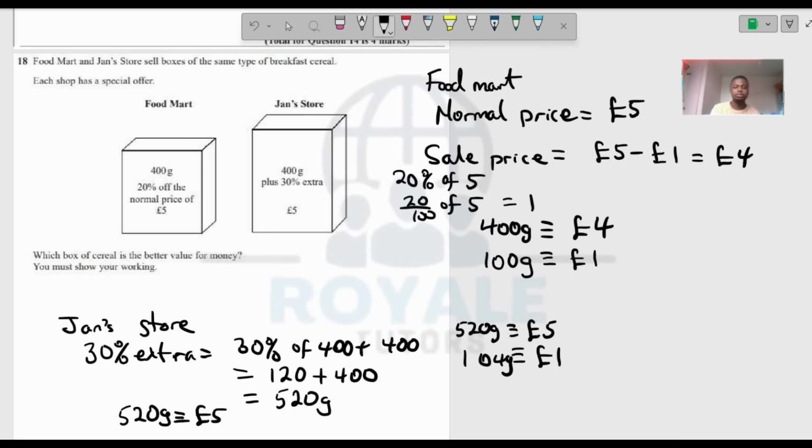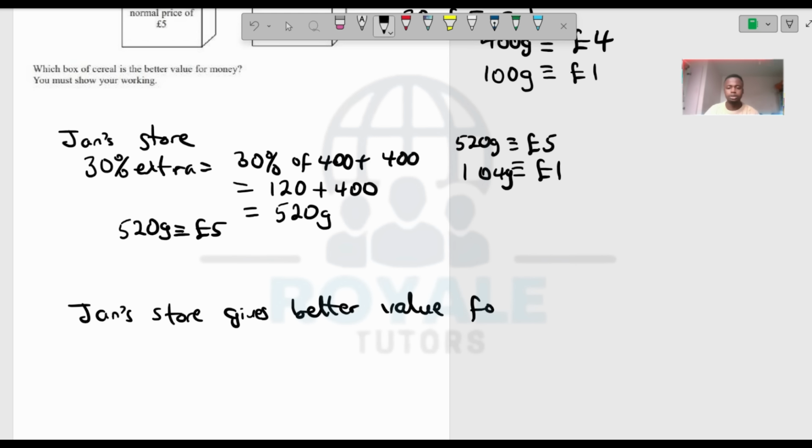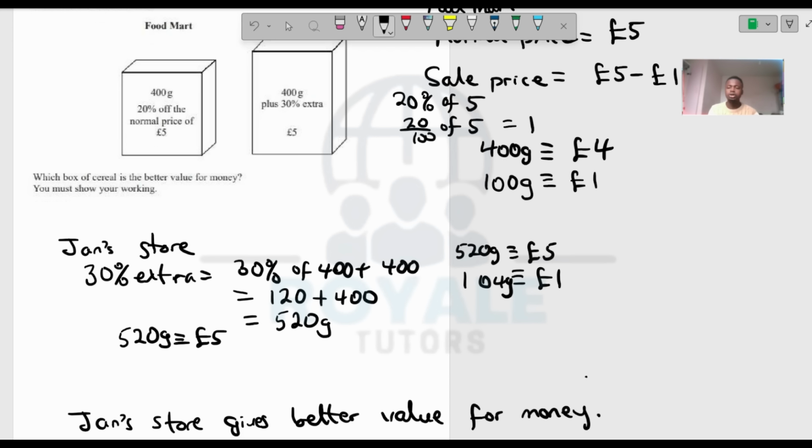So your conclusion is going to be that Jan's store gives better value for money. That's clear: since you have 104 grams for one pound at Jan's store and 100 grams for one pound at Food Mart, Jan's store surely gives the better value for money.